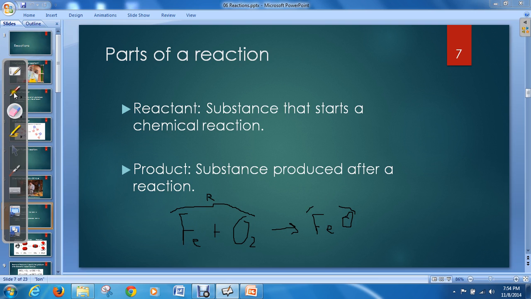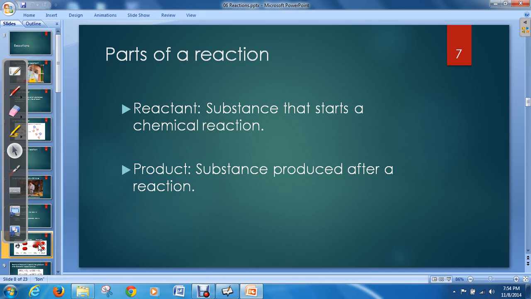So you could say that iron and oxygen are the reactants and iron oxide is the product. Nothing too dramatic. It's pretty simple, right? These guys on this side make this guy on the right side. These guys are reactants, these guys are the products. It really helps when we're trying to describe the chemical reaction and we can know exactly what we're talking about.